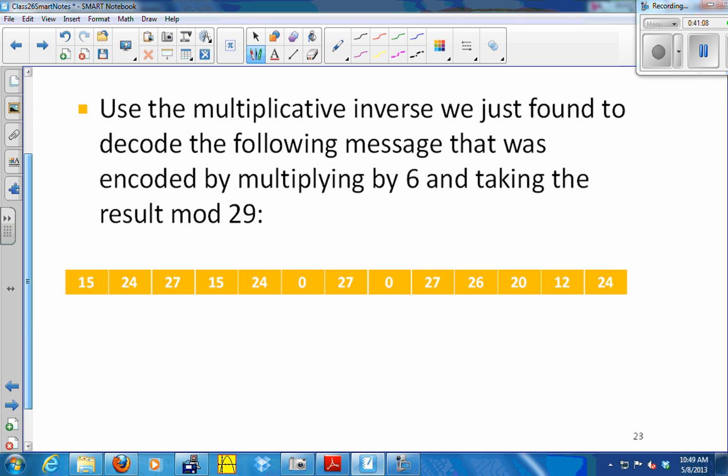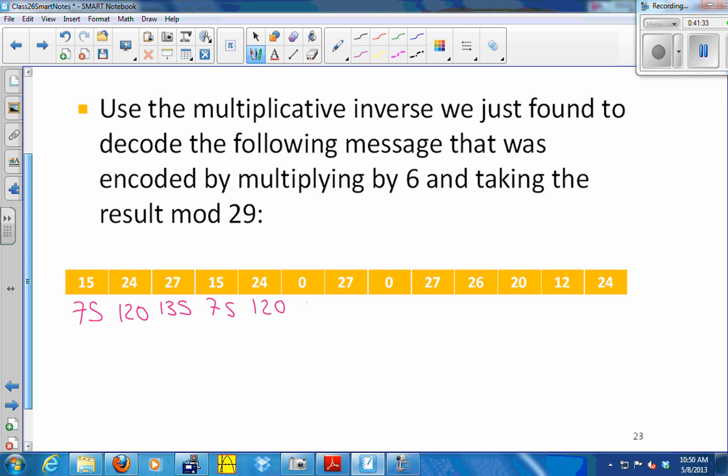So I'm going to take each of these and multiply by 5. 15 times 5 is 75. 24 times 5, 120. 135, I think. Yep, 75, 120.